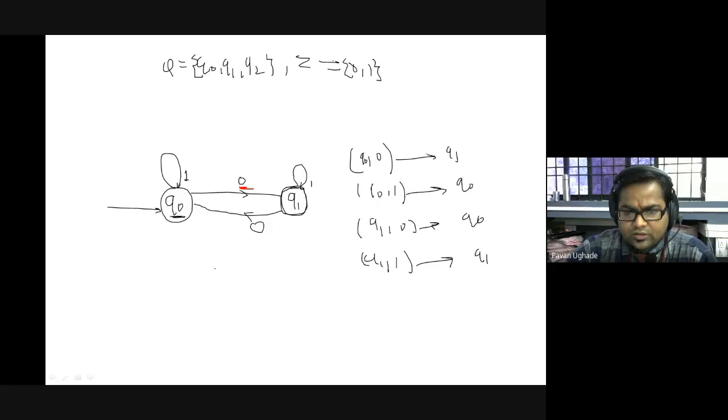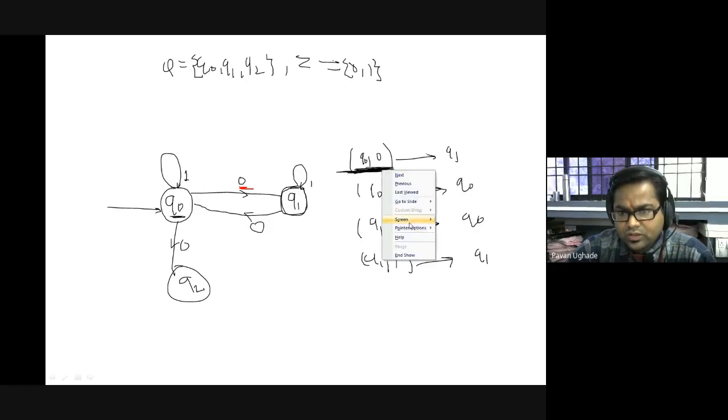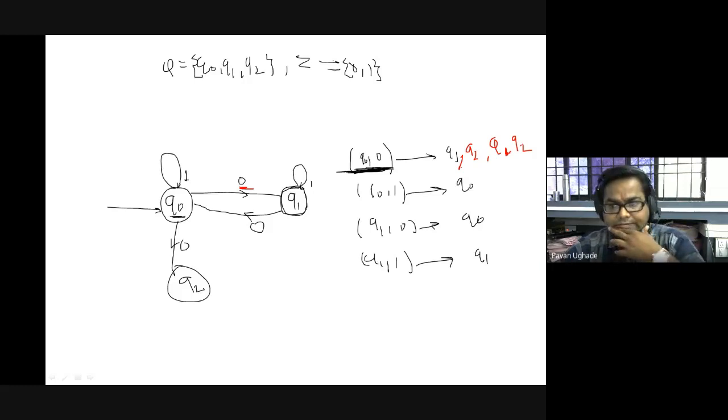Say I have drawn another state Q2, and here is another transition, say over 0. Now, Q0 over 0, where does it go? It goes either to Q1 or Q2, or I will say both. So Q1, Q2. Three possibilities are there.